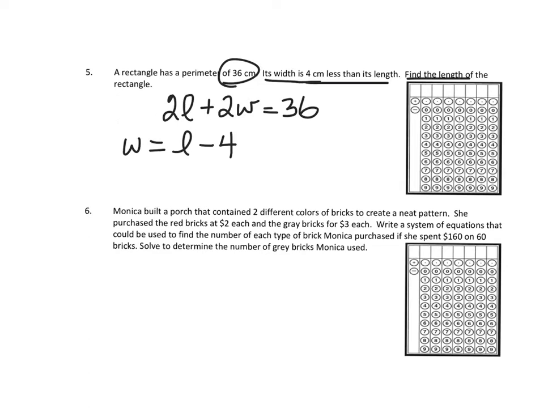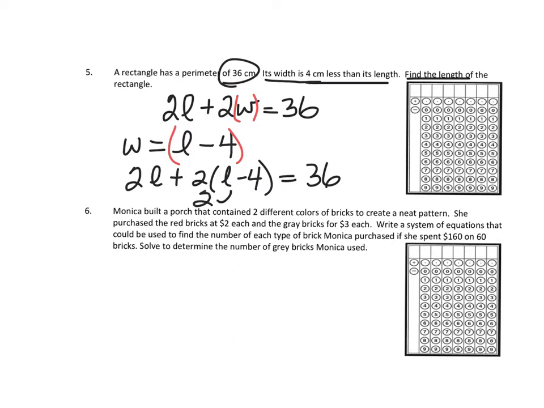So I'm going to use substitution. I'm going to replace the W in this equation with what W is equal to. So we have 2L plus 2 times L minus 4 equals 36. And I'm going to solve for L.